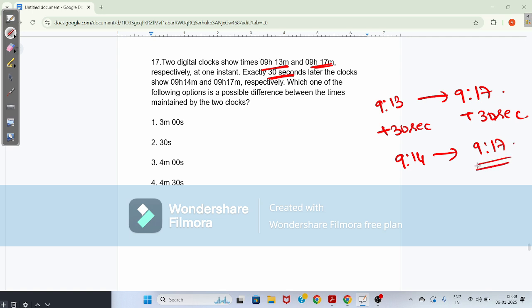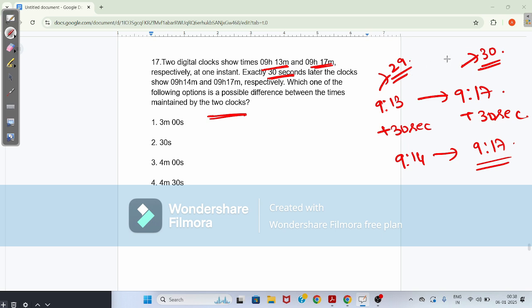Which one of the following options is a possible difference between the times maintained by the two clocks? Consider the clock will have the amount 9:29, so 1929 seconds is formed. Now 30 seconds are formed here.